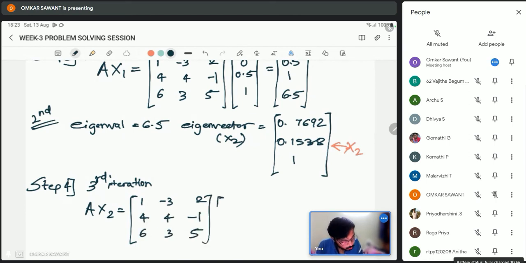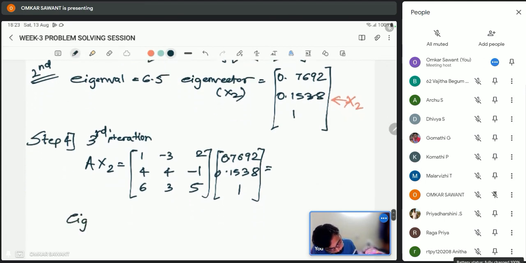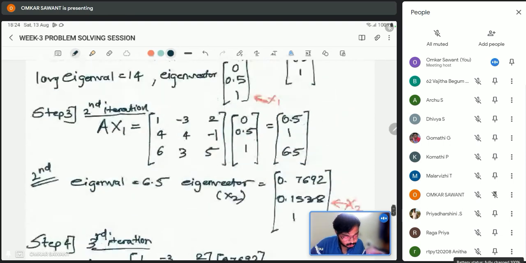A into x2, we got 0.7692, 0.1538 and 1. So what did you get? These are very simple, right?